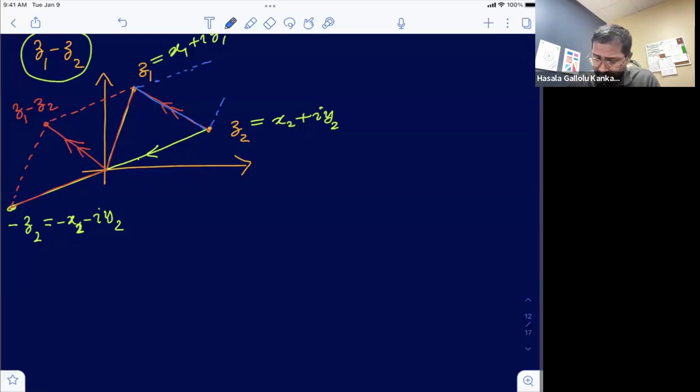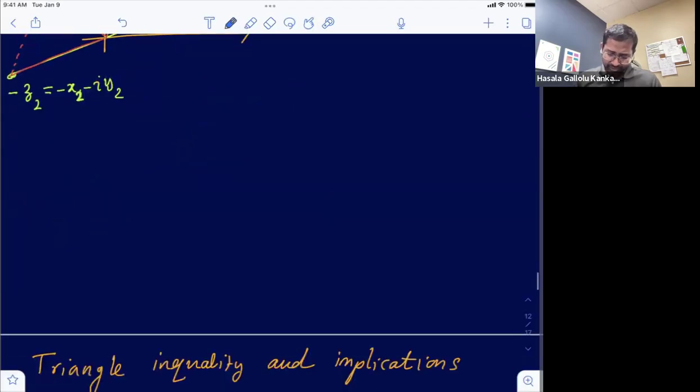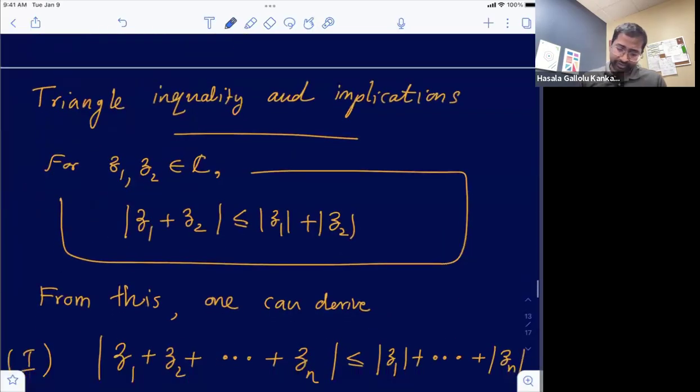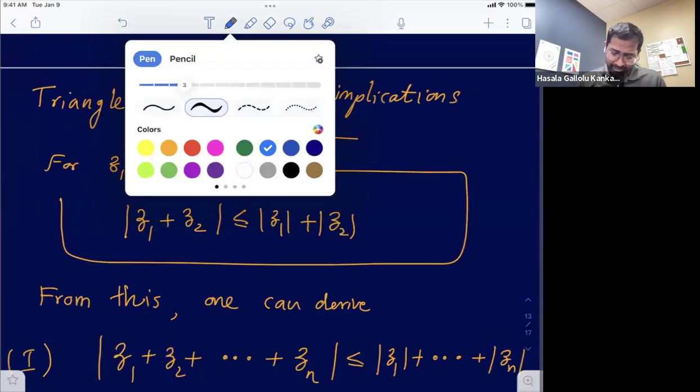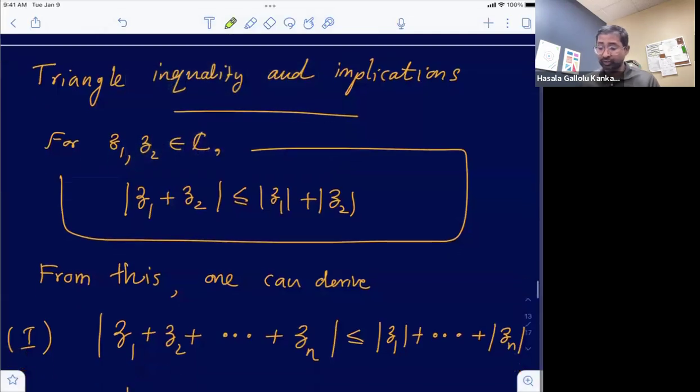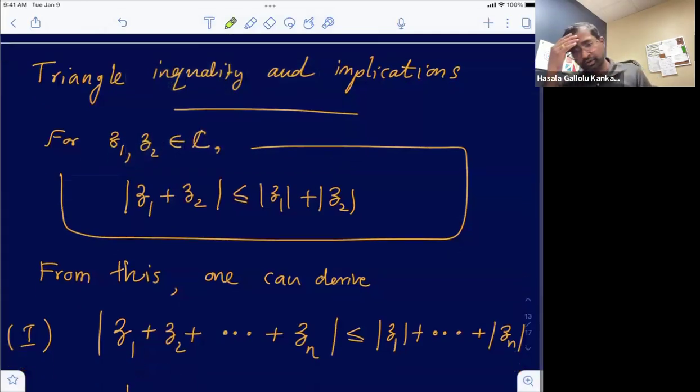So the principal diagonal that you see here will provide the summation, and the secondary diagonal, what you see right here, will provide you the difference. Right, so these geometric properties are going to help us in some computations related to the domains of complex numbers.